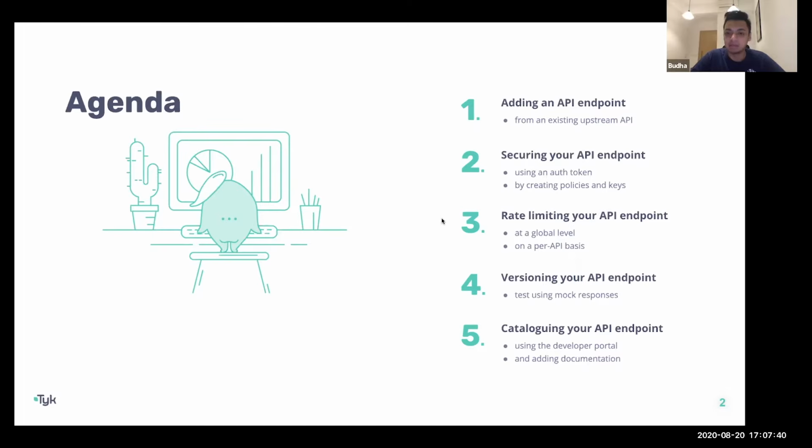And after that, we'll be looking at cataloging the API endpoint, which is essentially exposing your API for external usage, combined with a bit of documentation that will show how that works. So it's sort of like just going through the whole life cycle of adding, securing, rate limiting, versioning, and then making it available. So 5 different steps that we're going to be going through.